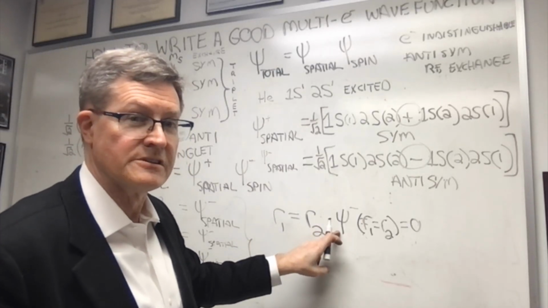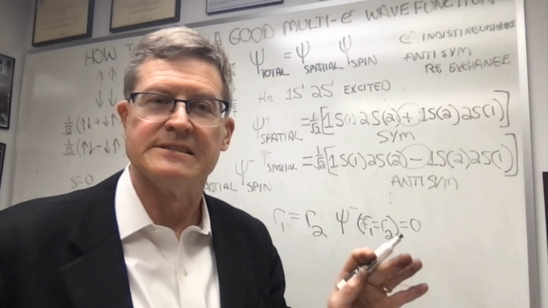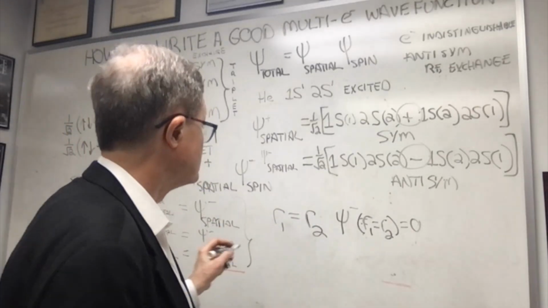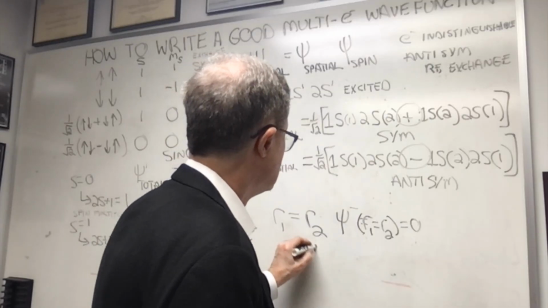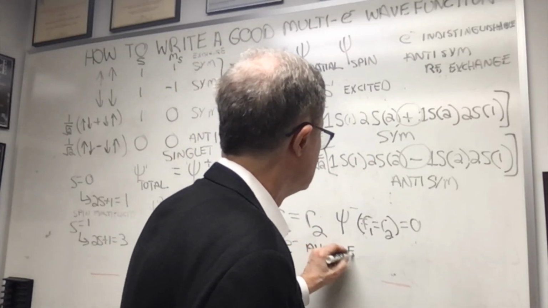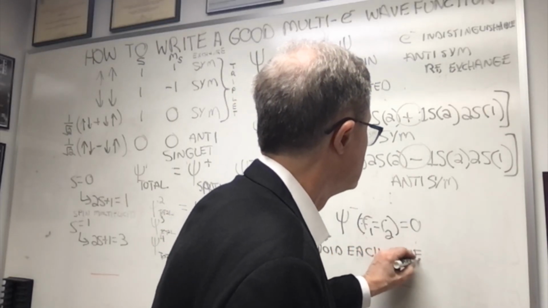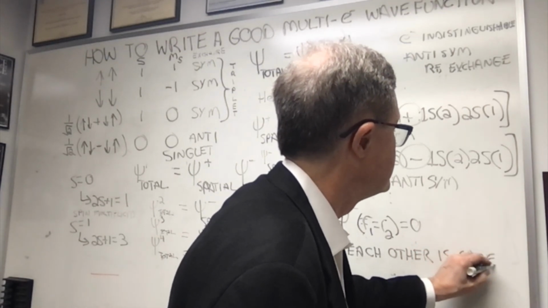So there's some degree of electron correlation in this triplet set of states. Here, the electrons are avoiding each other. Therefore, the electrons avoid each other if they have the same spin.